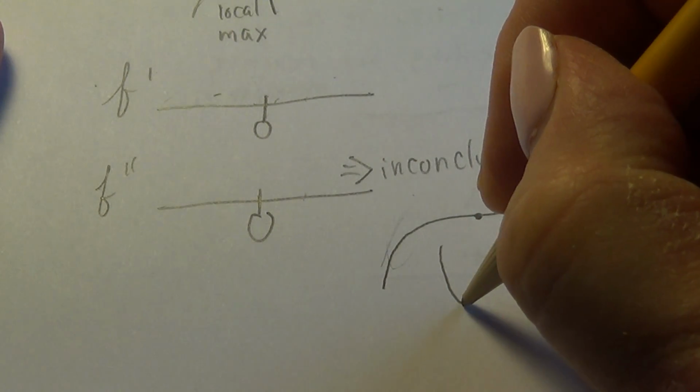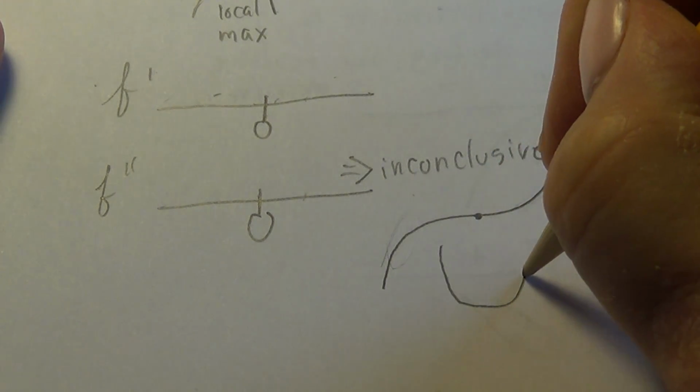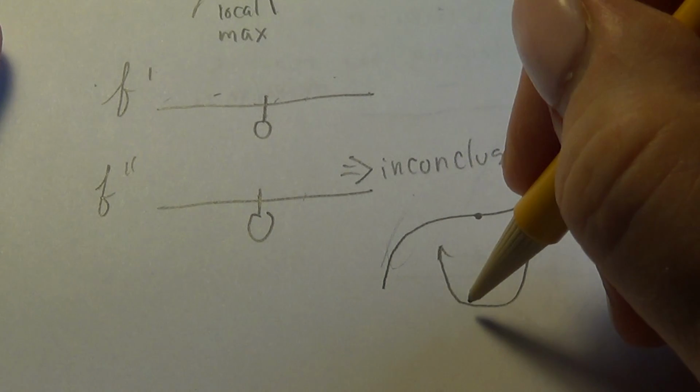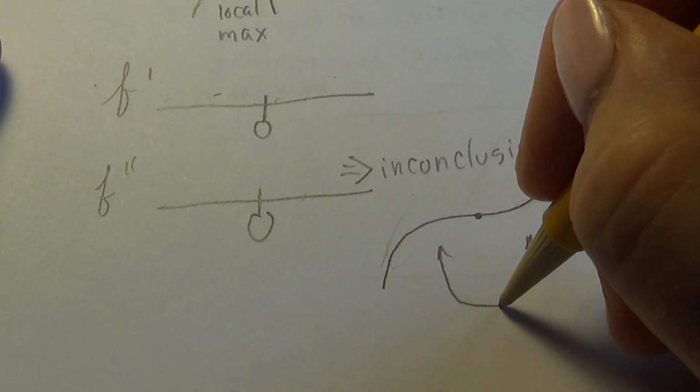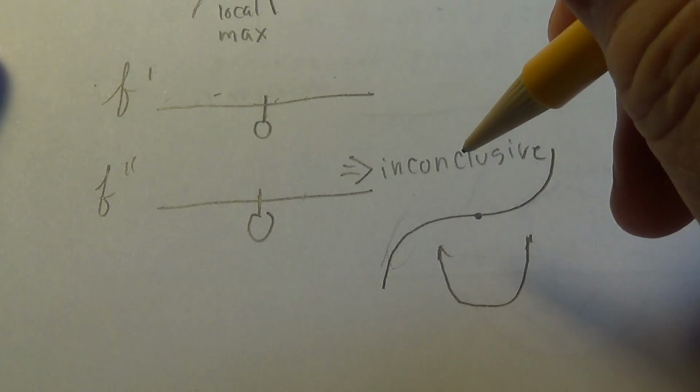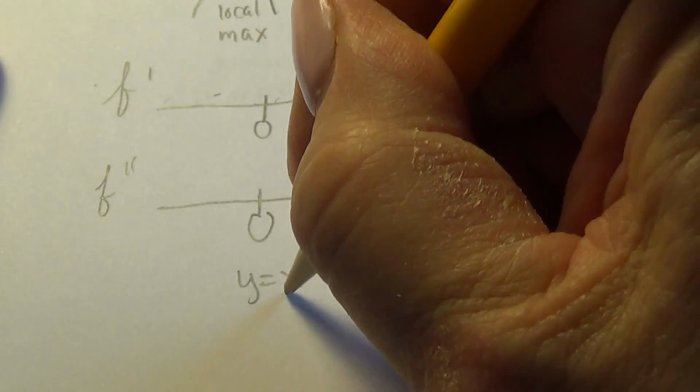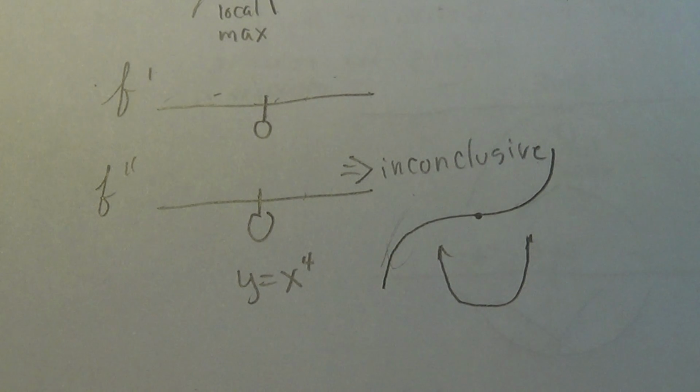It's a curve which has a very flat bottom to its concavity. So it comes down and has this portion that is flat. And something like y equals x to the fourth behaves like that. But y equals x to the fourth will fail the second derivative test.